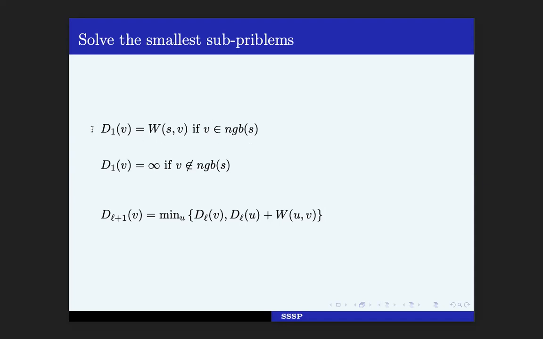So you can think of this as the base case of this recurrence. Now, for any other vertex that is not a neighbor, D_1(V) is infinity, because there is no path of length 1 which uses at most one edge to go from S to V if V is not in the neighborhood of S. So this is the base case.